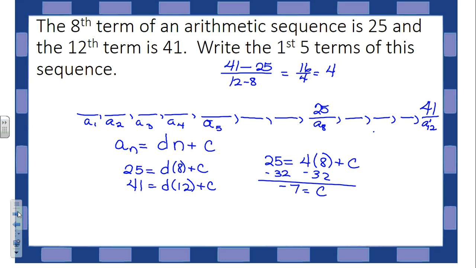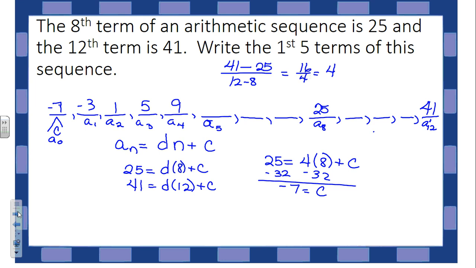Makes sense that negative 7 could be C. Okay, so if negative 7 is C, that's our 0 term, right? Then what would our first term be? What would our second term be? And our third term? And our fourth term?